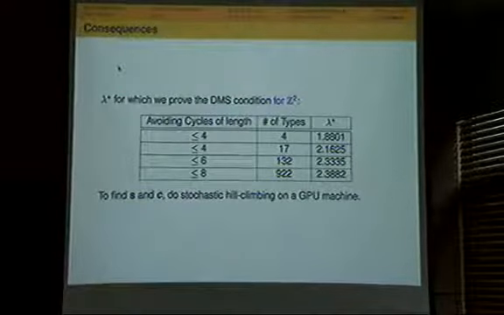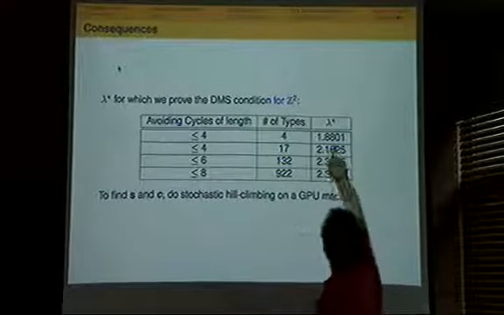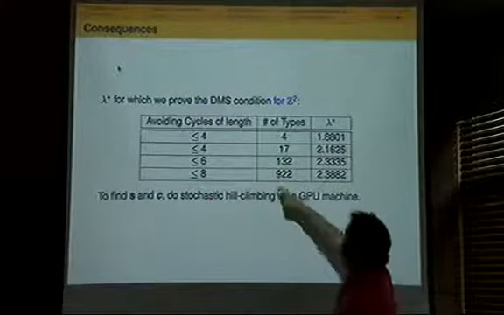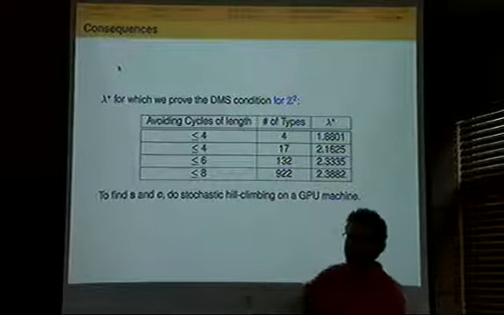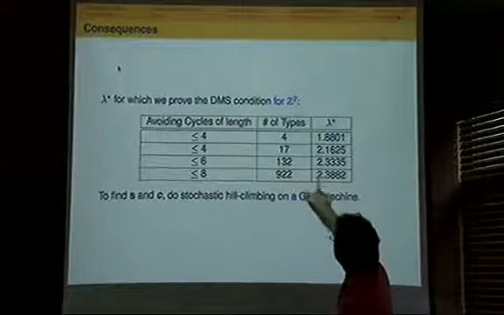So what do we do? If we avoid these 4 cycles, we can get up to 2.1, and then when we look at these bigger and bigger family matrices, we get better and better.